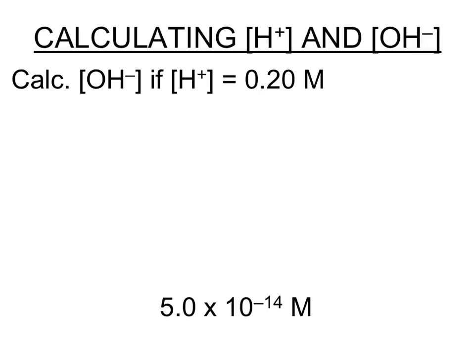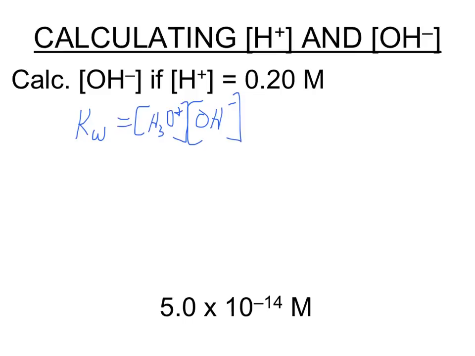So in this problem I'm asked to calculate the OH minus concentration if the acid concentration equals 0.2. Again, I could use my kW expression, so kW equals the H3O plus concentration times the OH minus concentration. And again, I know my kW, I know my acid concentration, and I could solve for my only unknown, which is the OH minus concentration.